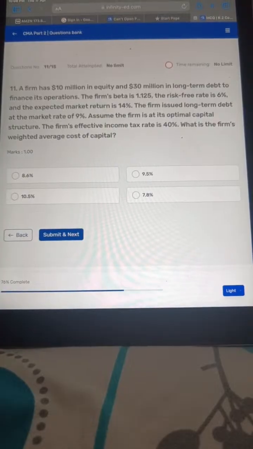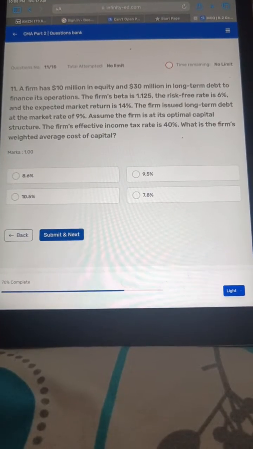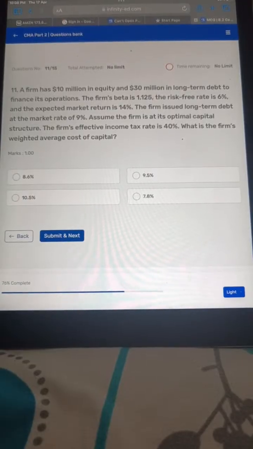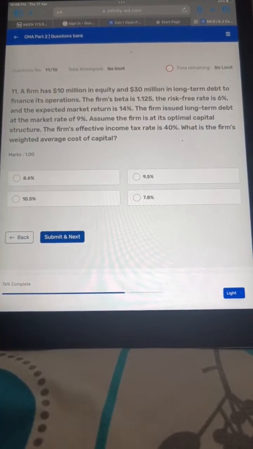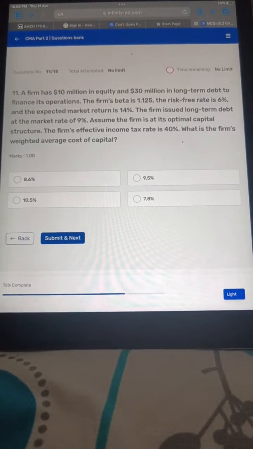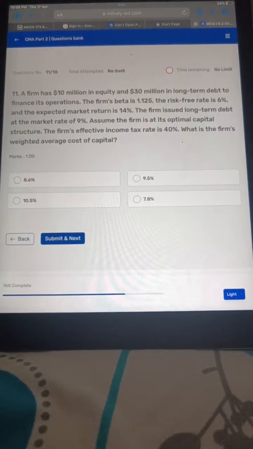It means we have to first calculate the required rate of return, as we have to utilize the CAPM formula. We already have beta 1.125, and risk-free rate is 6%, and the market rate of return is 14%.